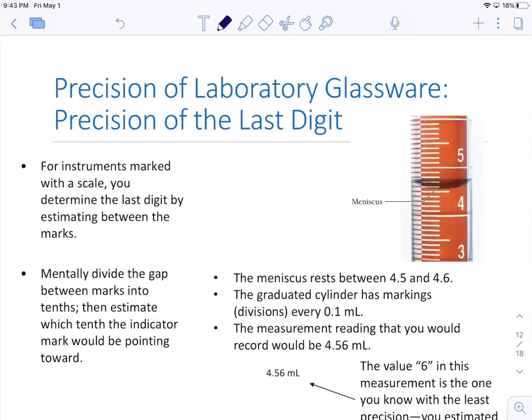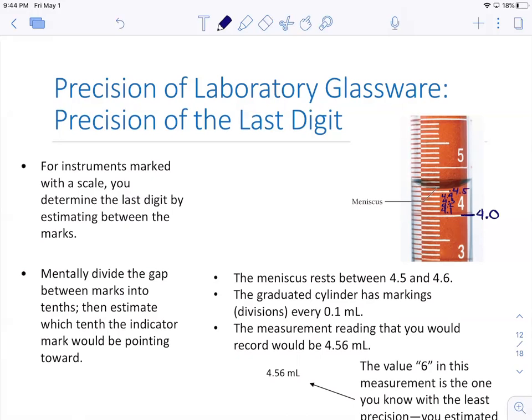Okay, precision of laboratory glassware. For the lab, when we think about where to read things, what we see for this type of graduated cylinder is there's the 4, and it's 4.0. How do I know? Because I have 4.1, 4.2, 4.3. I actually have a marking, or a tick mark is what I like to call it, for these values.